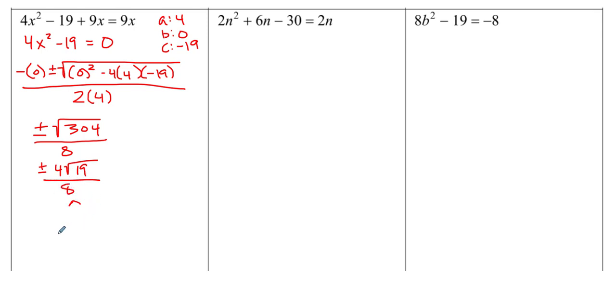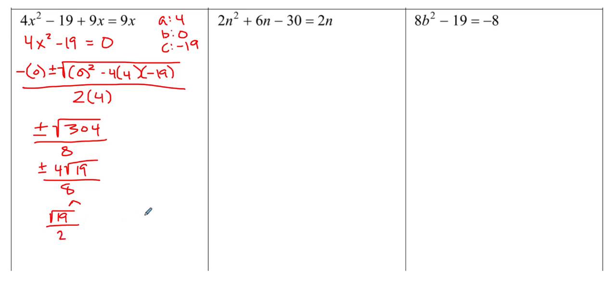Okay, so we got our two solutions. So we could leave it like that, or we might want to do the positive and simplify this 4 over 8, which is going to be 1 over 2. So 1 times radical 19 is just radical 19. I actually don't even need that plus there because we know it's positive.